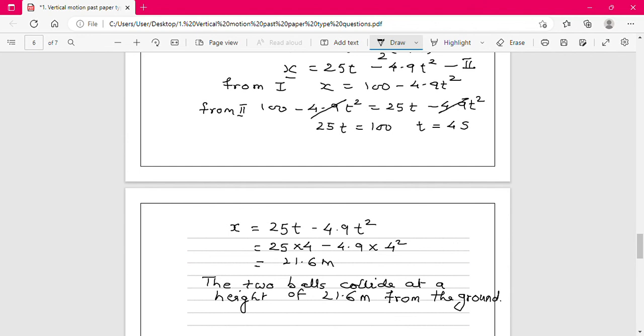Whereas if the particle is dropped down, when it is coming down, it will accelerate. So it will take a as positive 9.8 meters per second square. And all other vectors which are pointing upwards will be positive, pointing downwards will be negative.